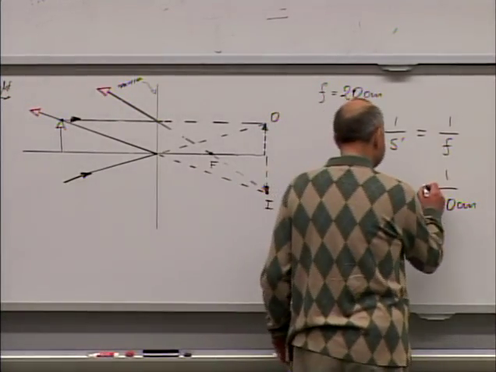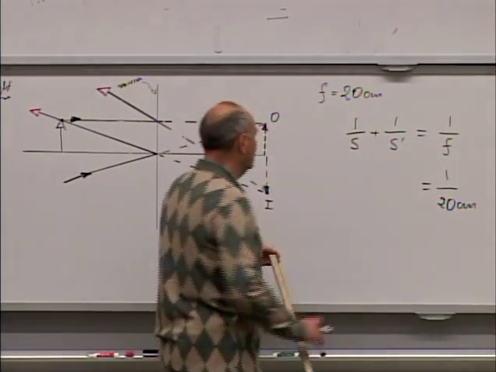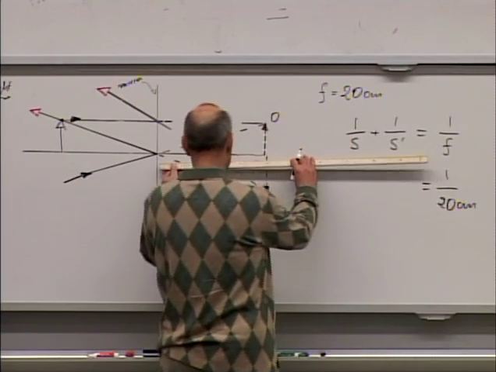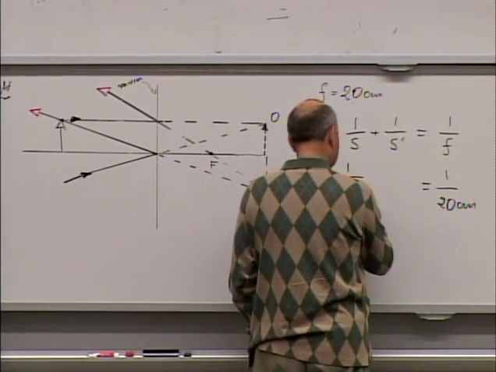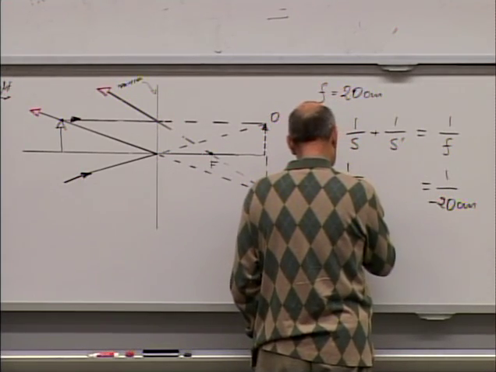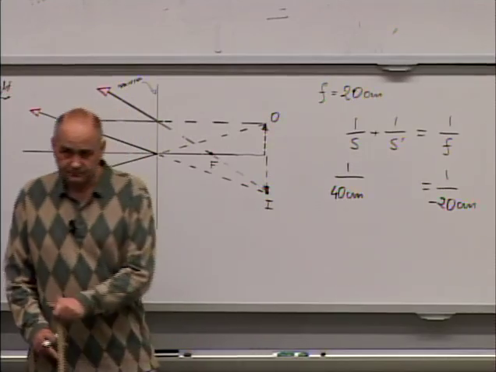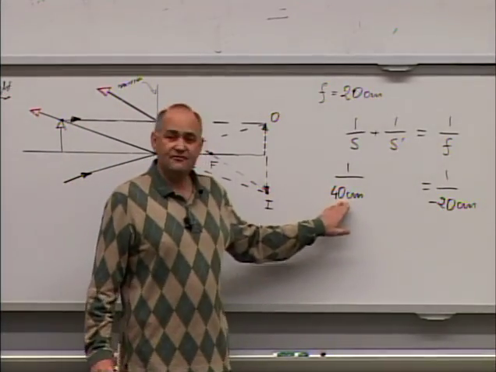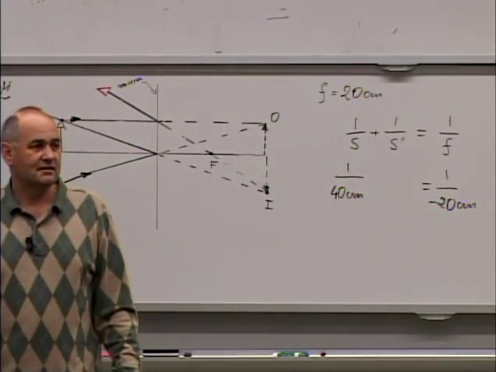All right. Now, I placed the object 40 centimeters away from the mirror. What should I have for the component of position of the object?